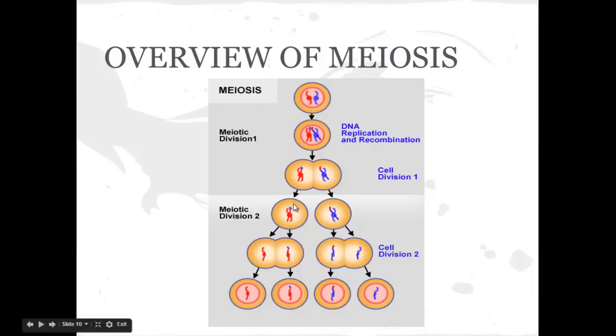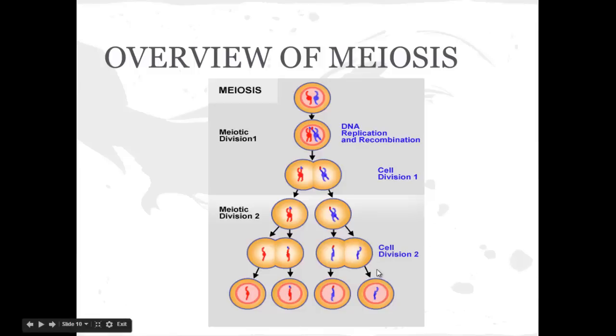What happens next, though, is that we take these cells with 2 chromosomes each, and we do not recopy their genetic material. Rather, we just split these cells in 2. So we have 2 red chromosomes. They're split in 2. We end up with 2 cells with 1 chromosome each.